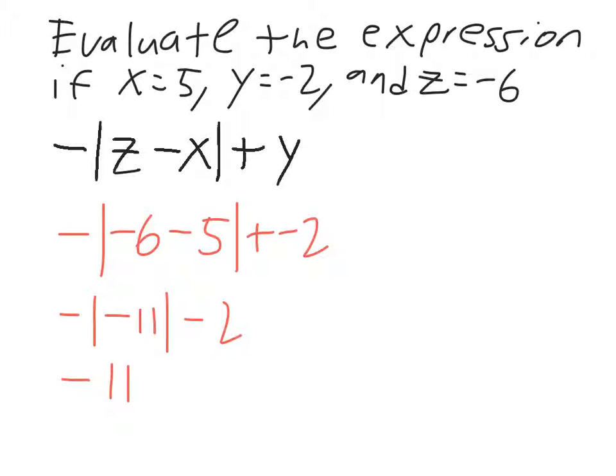Wait, we just took an absolute value and ended up with a negative number. That's only because we had a negative out in front of the absolute value here. So this negative drops down and makes our positive number negative again. And then minus 2 is still there. Negative 11 minus 2 is negative 13.